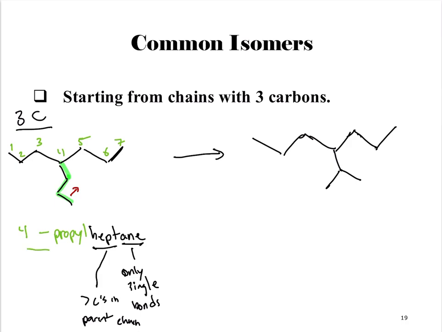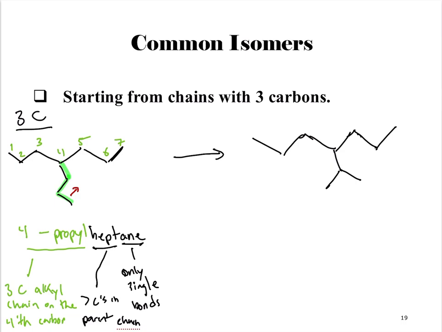And then this side group, the carbon chain with only carbon atoms, is called an alkyl chain, right? So this is a 3 carbon alkyl chain on the 4th carbon, because there's 3 carbons in this chain right here. So that's just a review of how we name this alkane.